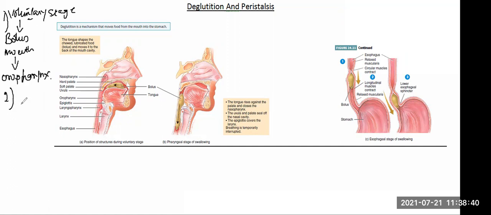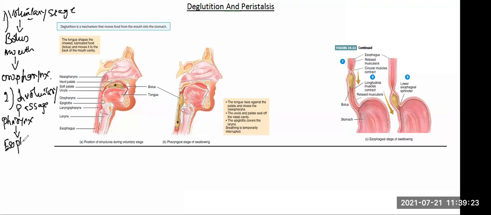Second is when the food is in the pharynx. We call it the pharyngeal stage, and the pharyngeal stage is the involuntary movement of the bolus from your pharynx to your esophagus.